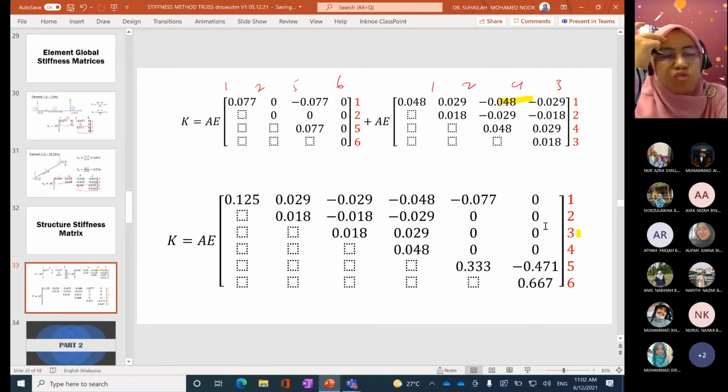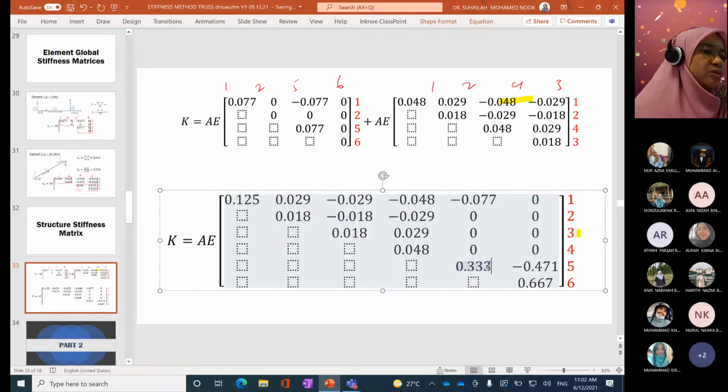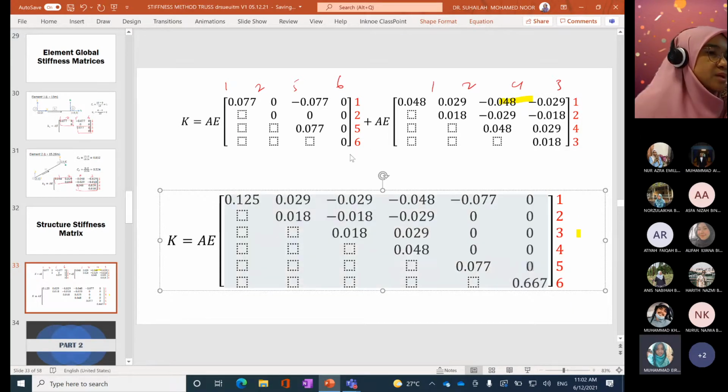Okay, yang K2 tu betul. K1 tu. Okay, so dekat sini tadi 55 ni 0.077. Lepas tu 56 kosong. 66 pun kosong. 15 meter. 15.